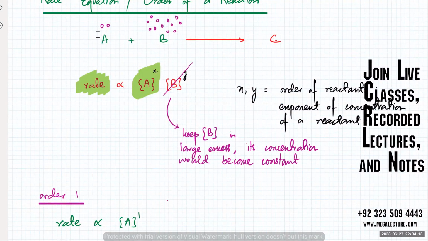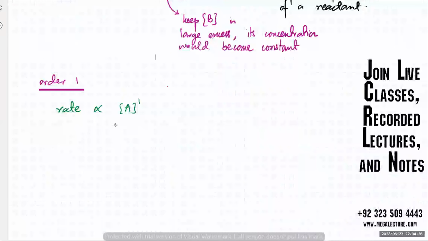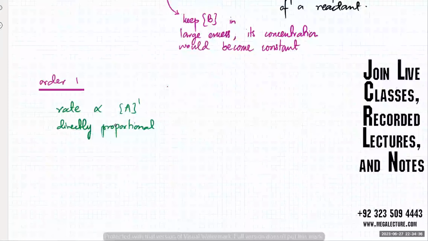If you triple the concentration of A, the speed of the reaction will triple. Okay? If you increase the concentration of A 20 times, the rate of the reaction will also increase 20 times. Okay? So this is directly proportional.